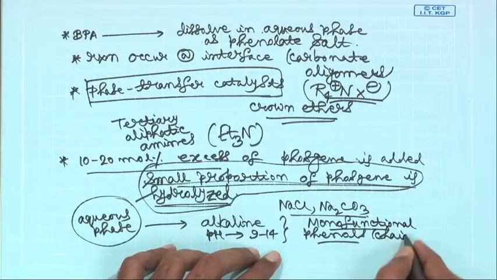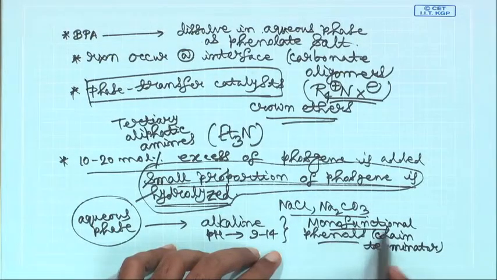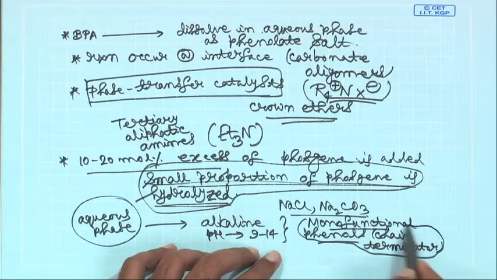We have discussed this principle before. Chain terminator. We have told that if you have a monofunctional monomer present, then that can actually end cap the growing polymer, and there will be no further functionality available to react, and the polymer will stop growing. And depending on how much you are adding, you can limit your molecular weight.